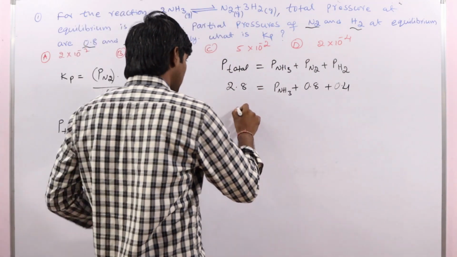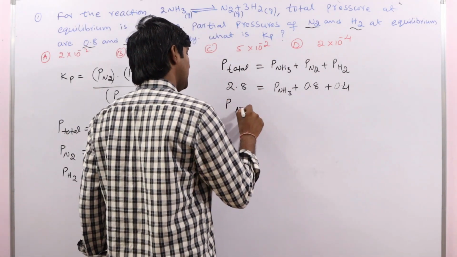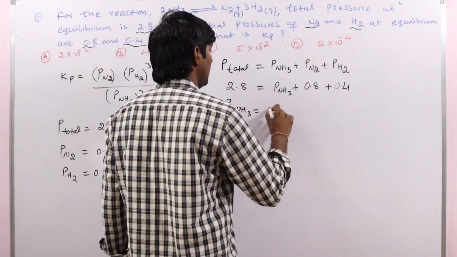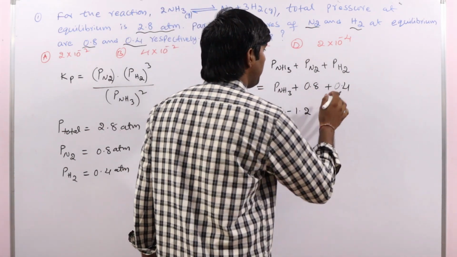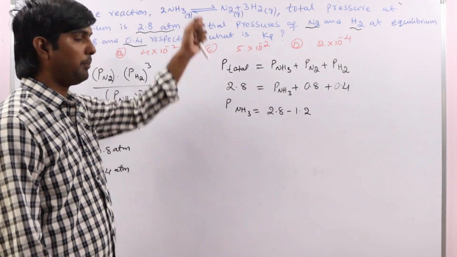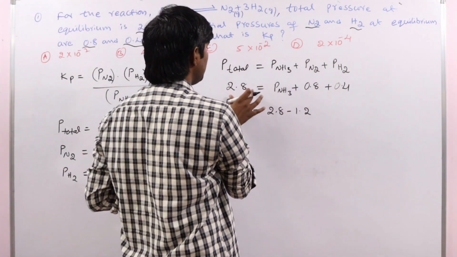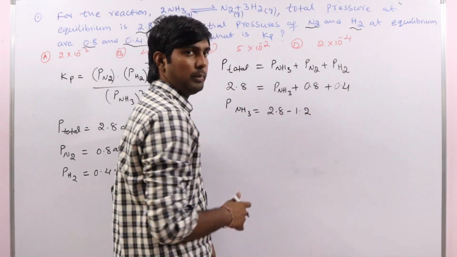Now partial pressure of NH3 is equal to 2.8 minus 1.2, since 0.8 plus 0.4 is 1.2. If you take it to this side, that becomes minus 1.2.